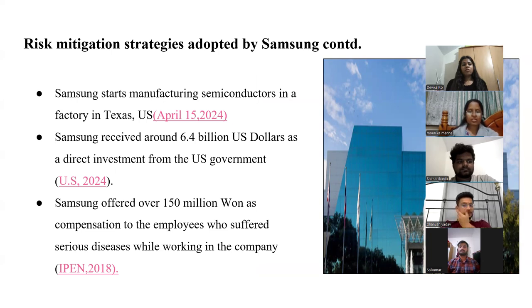This slide continues the risk management strategies of Samsung. Samsung puts more focus on producing semiconductors, including in a semiconductor manufacturing facility in Texas, USA. The company announced getting around $6.4 billion in direct funding under the CHIPS and Science Act.